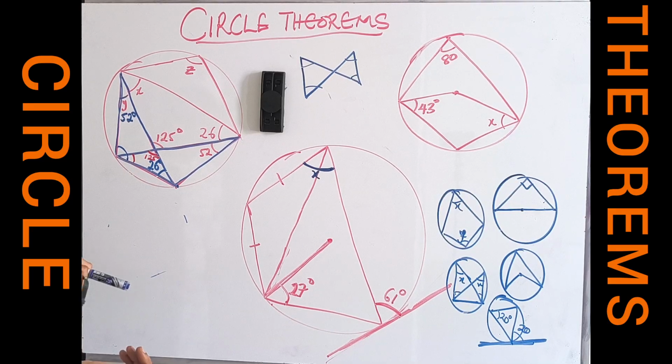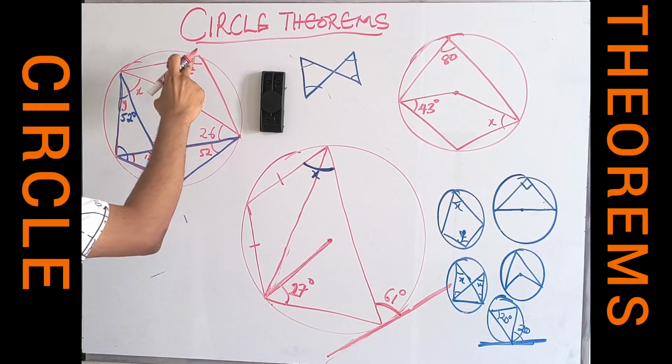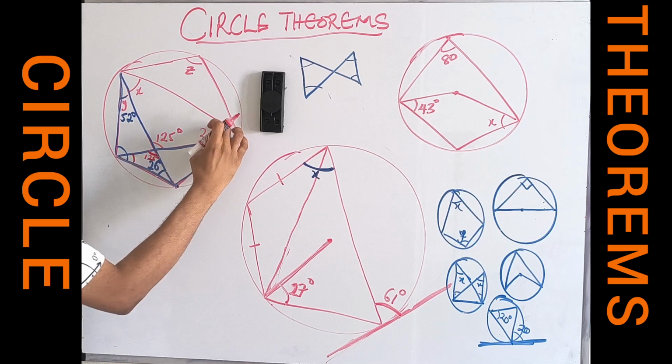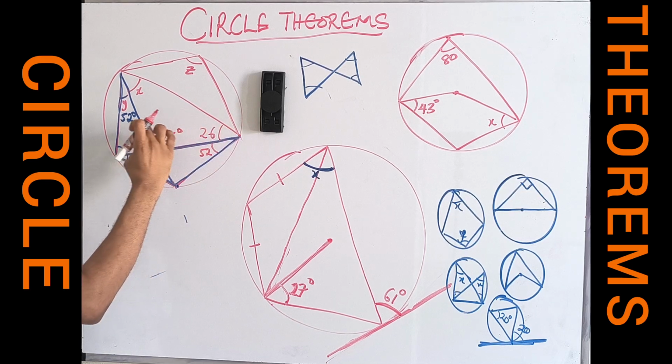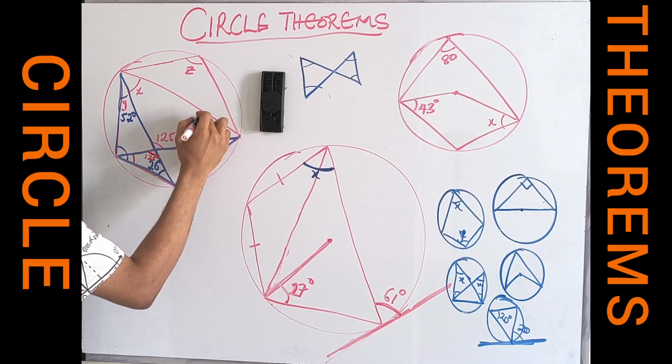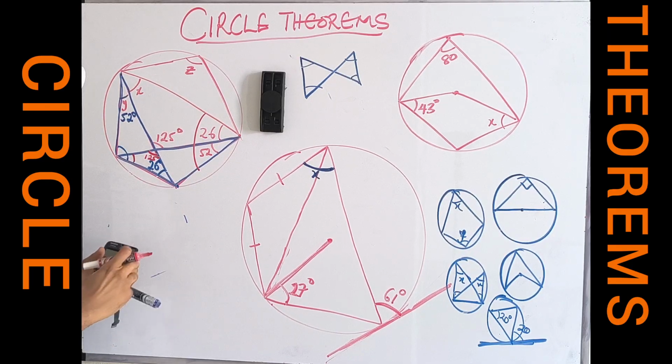But what is the purpose of finding there? If I find there, remember, I'm looking for a cyclic quadrilateral. So if this and this give me, this total angle here is 78.